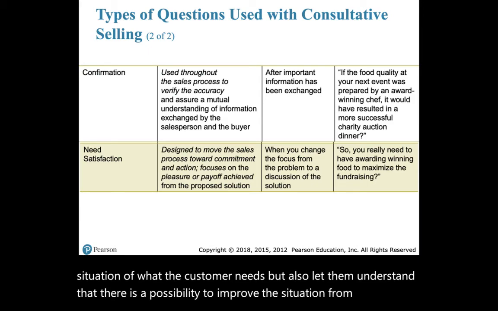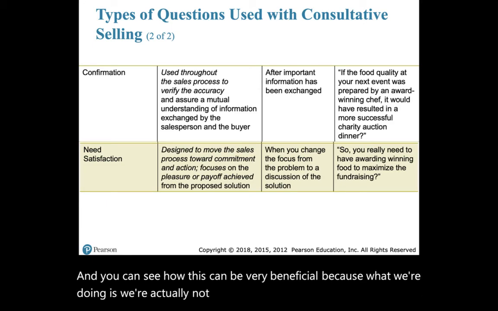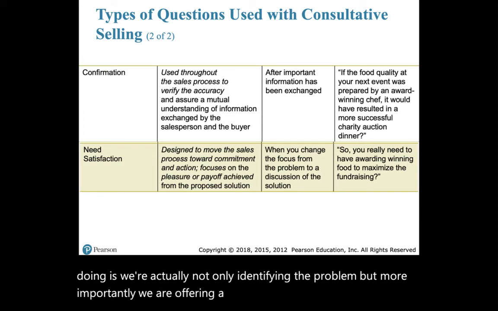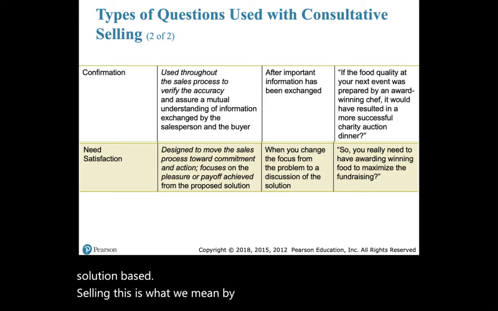You can see how this can be very beneficial, because we're not only identifying the problem, but more importantly, we are offering a solution. This is what we mean by solution-based selling. This is what we mean by being the consultant.